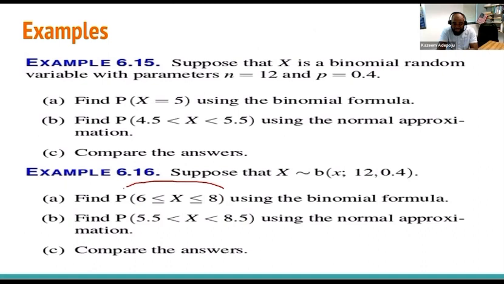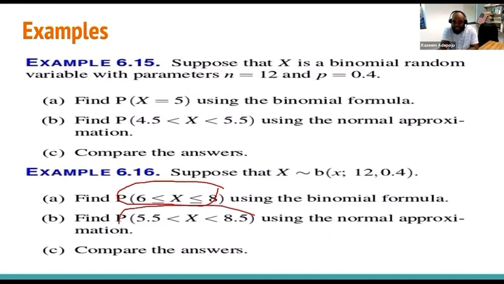Because if I want to use a continuous knowledge for a discrete situation, we have a convention that we call a continuity correction. It's like robbing the poor to pay the rich. I'm going to subtract 0.5 from 6 and add 0.5 to 8. That's what I have here.